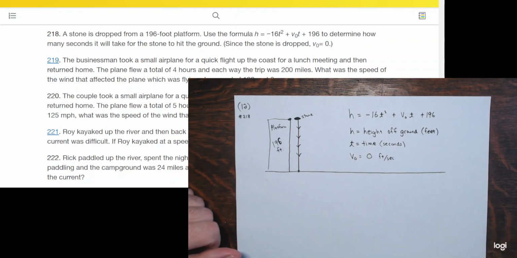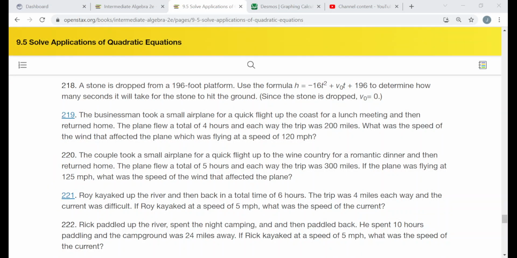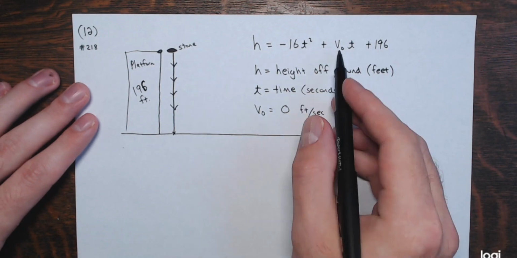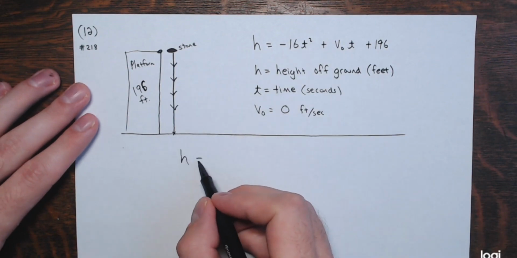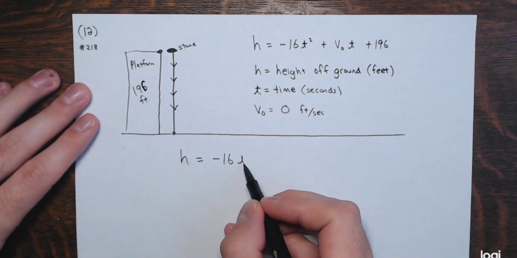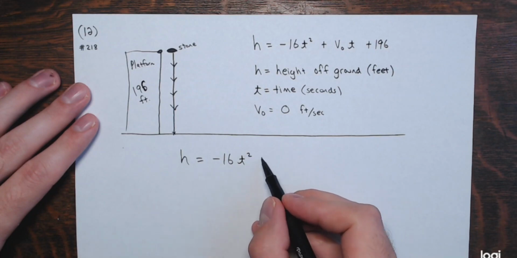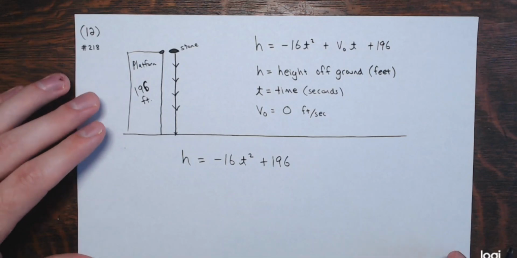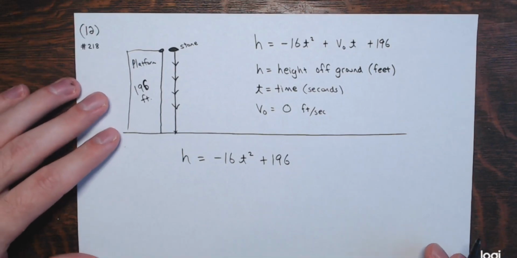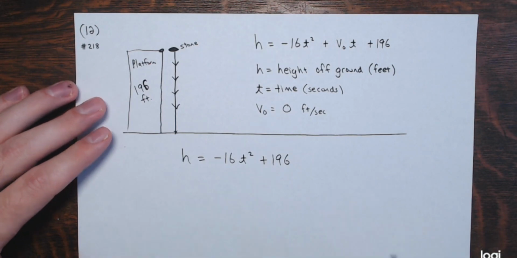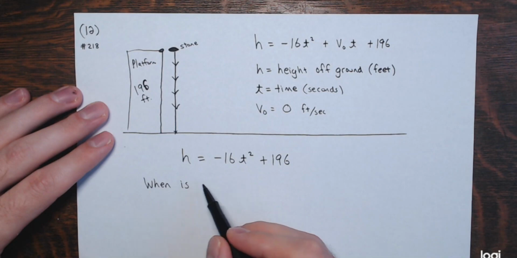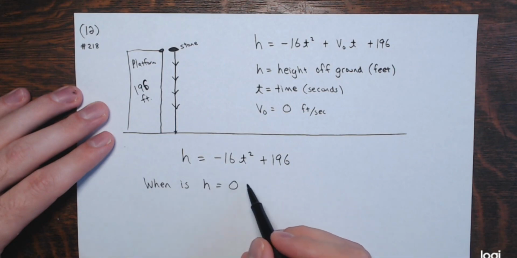All right, so back here, let's pull this up. I put in 0 for v sub 0. We have this formula, h equals negative 16t squared plus 196. All right, easy enough. Then the question is, when is h equal to 0 feet?